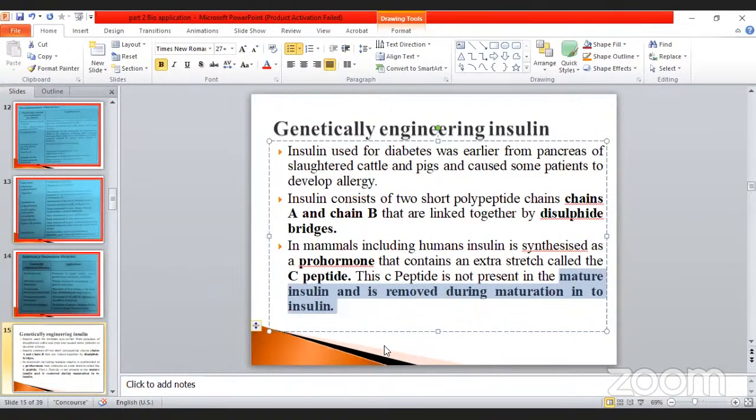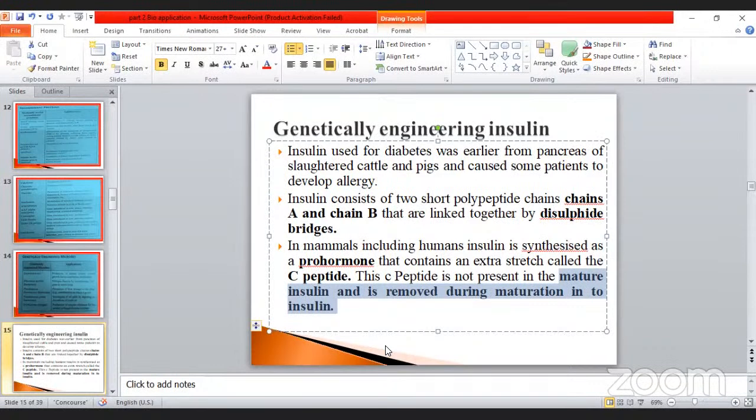So we already discussed that there is a disulfide bridge. When the insulin molecule has the extra stretches, it is called proinsulin. The extension is also there.